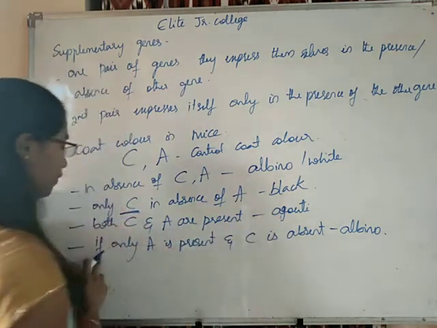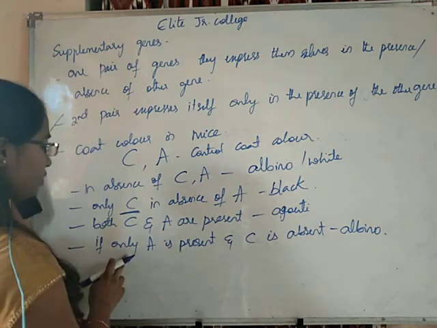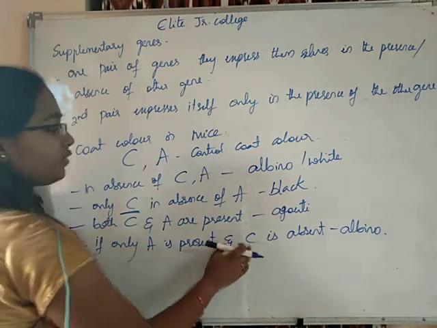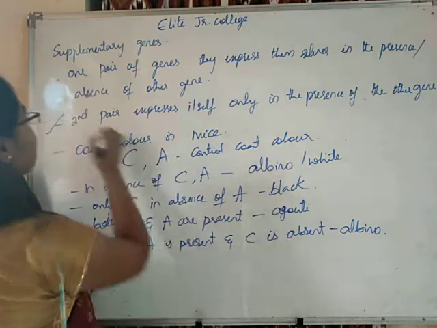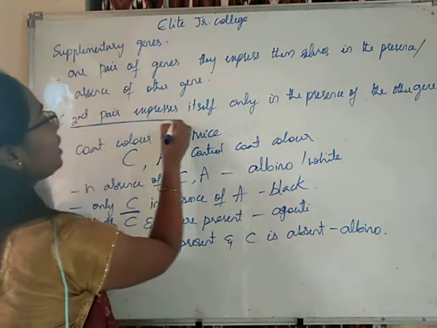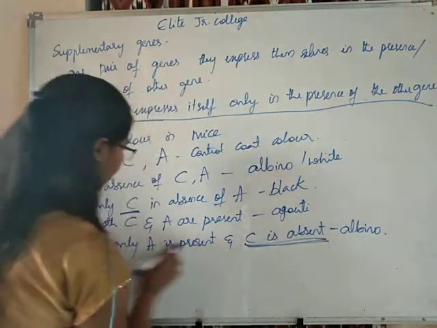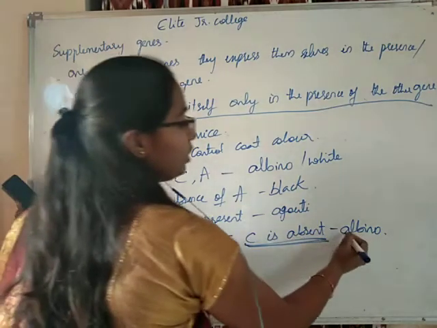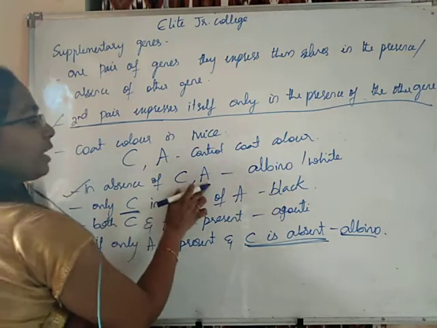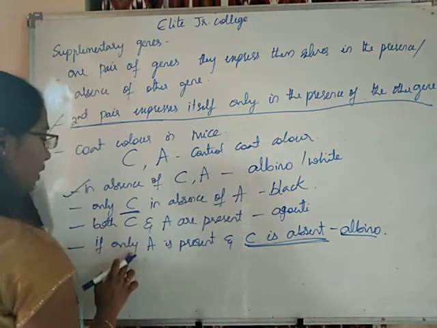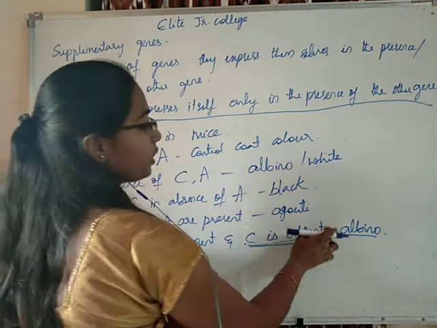If there is only capital A, the second type of allele we have discussed, and C is absent, then it gives albino color, because C is absent and only A is present. So in the absence of both capital C and capital A albino is there, and in the presence of capital A and absence of capital C also albino color is expressed.